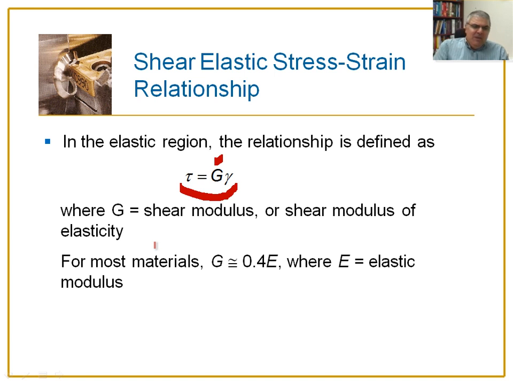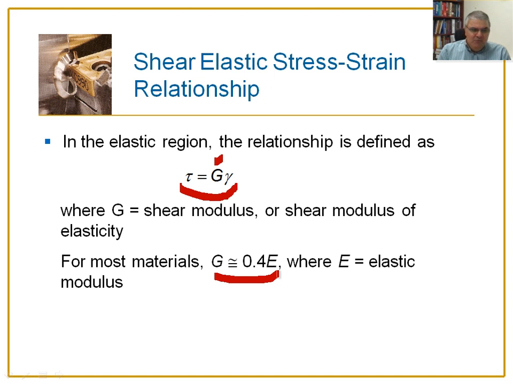So if we look at the G and E relationship here, it shows that the shear modulus is only about 40% of the elastic modulus. Again, this is an approximate number.